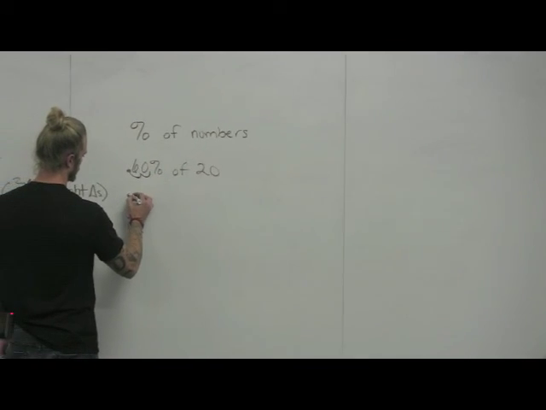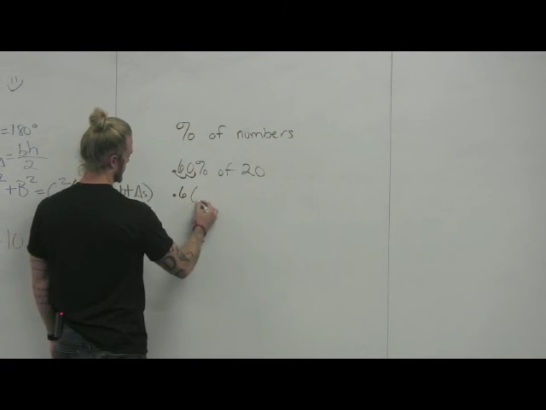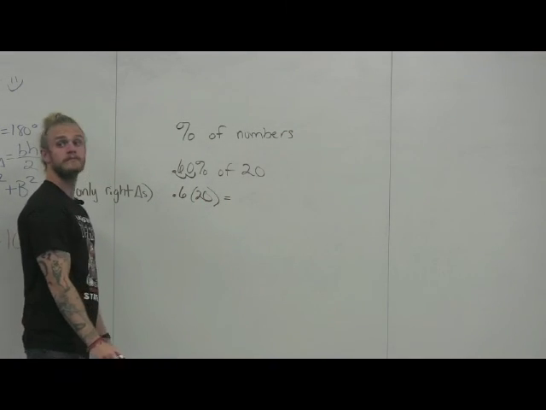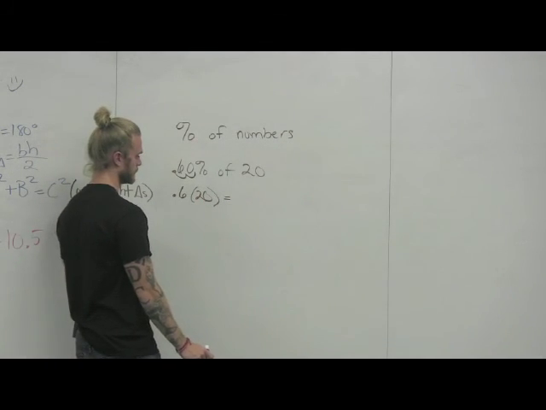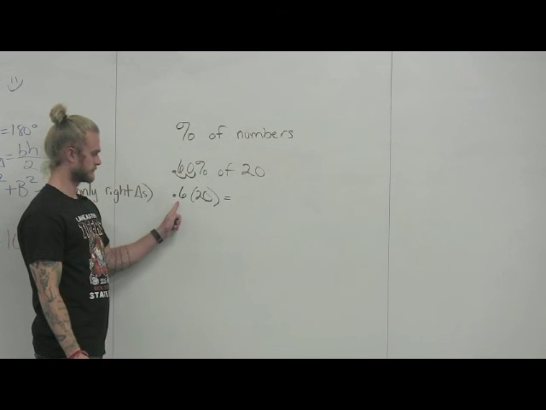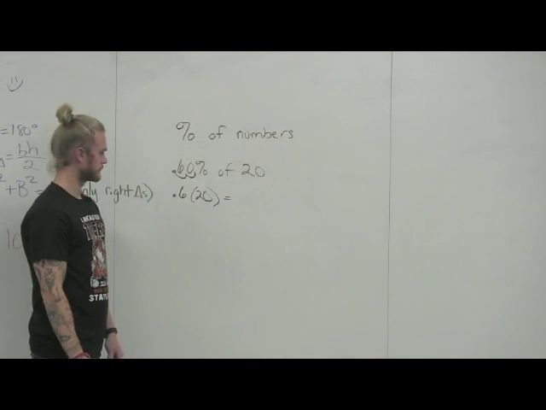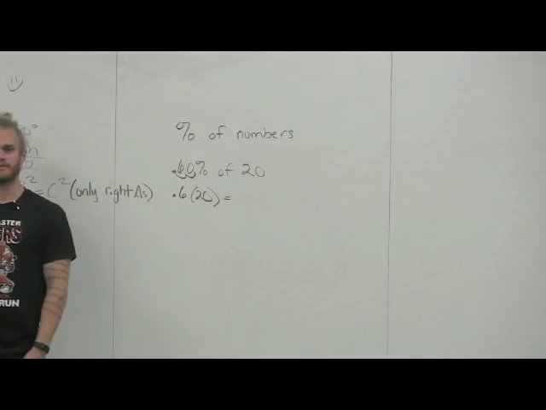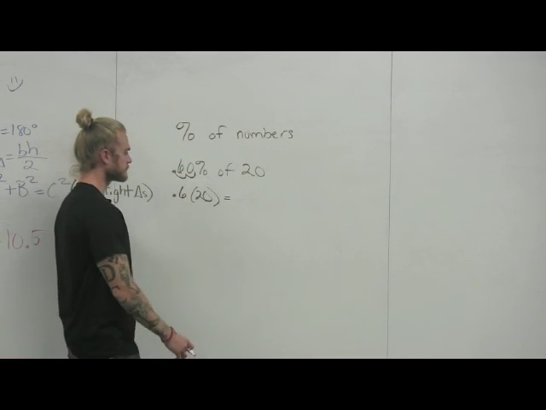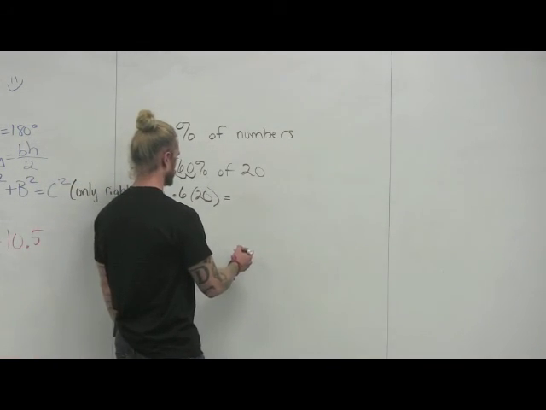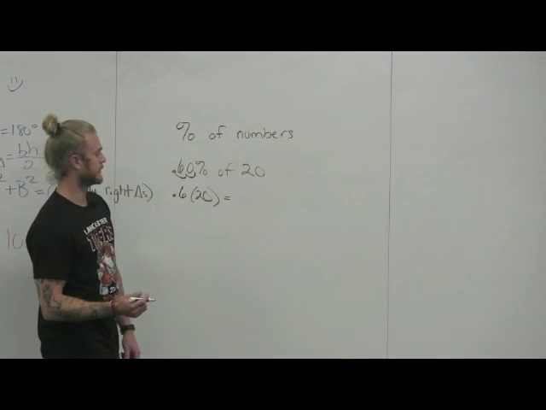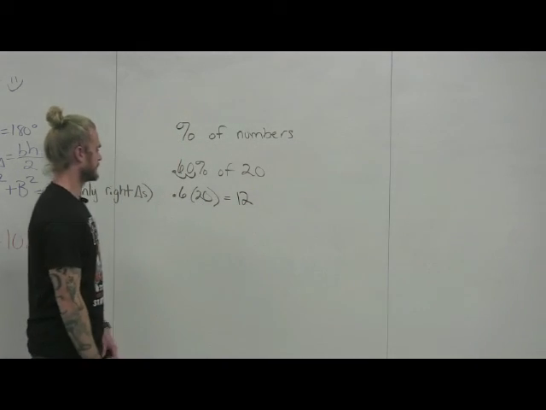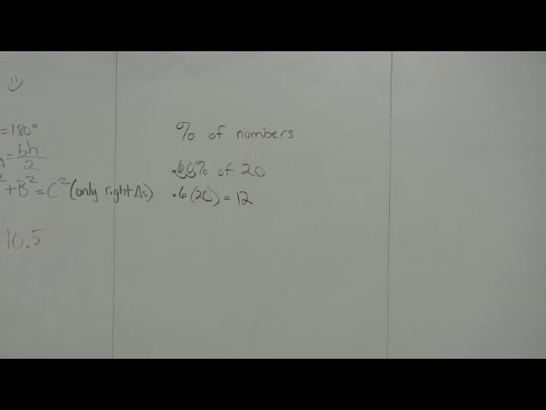So we turn that into a decimal, 0.6, and then we multiply that by 20, which gives us 12. Always use your calculator. If you can't look at it and say 1 plus 1 is 2, calculator. Should be smaller than 20. Should be like 12. So we find out that 60% of 20 is 12.